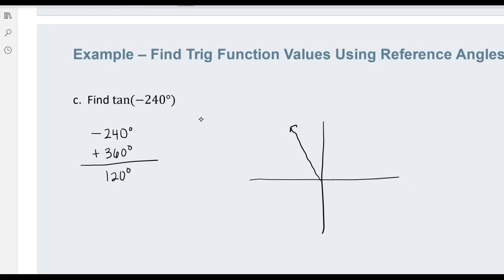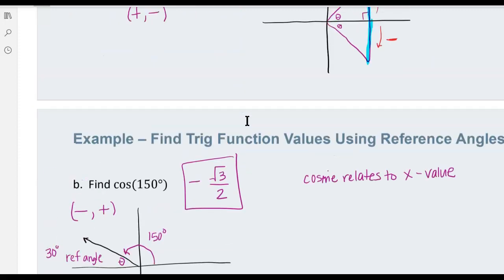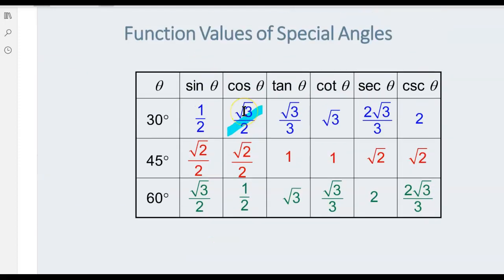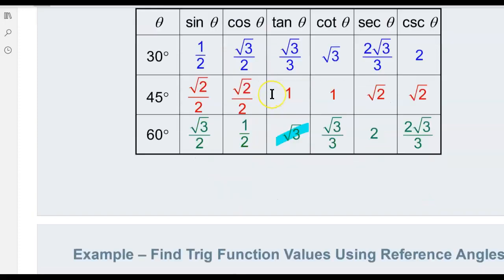So our reference angle here is going to be 60 degrees. So we want to know what the tangent of 60 degrees is. We go back up to our chart. The tangent of 60 degrees looks like it's square root of 3.